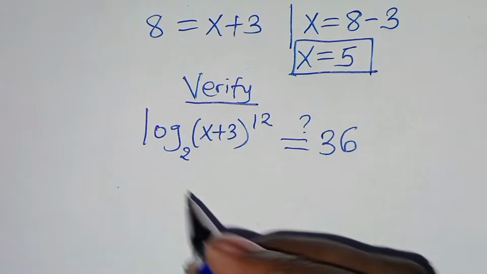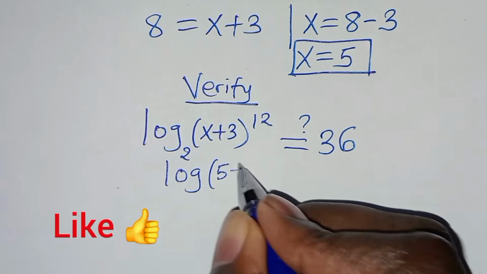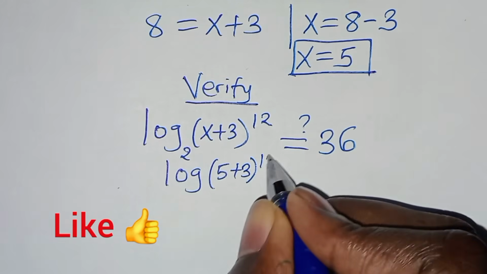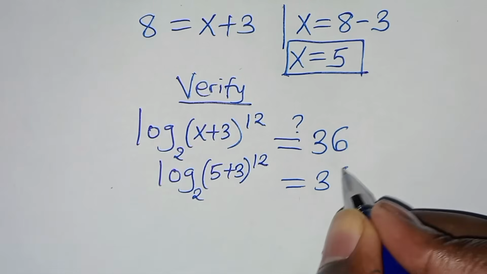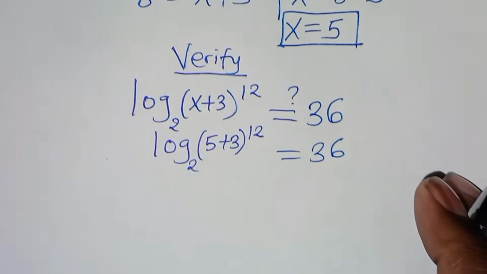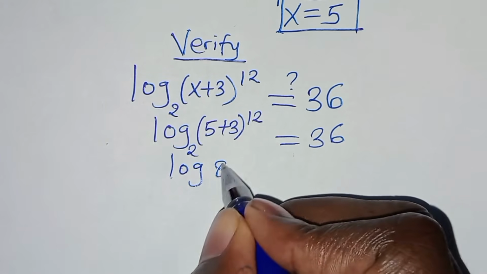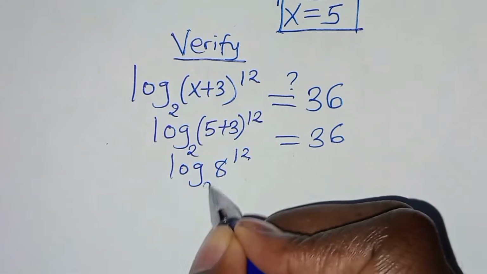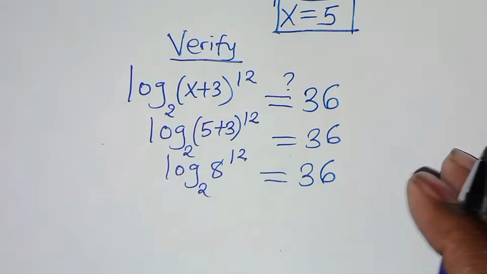So substituting the value of x here, we have log of (5 plus 3) raised to the power of 12 to base 2. This is equal to 36. So from here, we have log of 8 to the power of 12 to base 2. This is equal to 36.